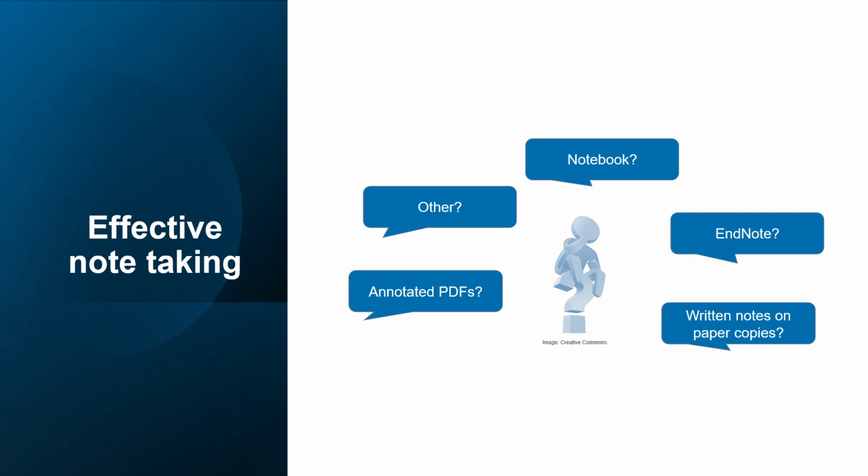In my case, I like to annotate my PDFs and then I attach them to my reference in EndNote so that I always have the notes and the reference together. And then I also have a backup of the notes elsewhere in case the computer breaks.